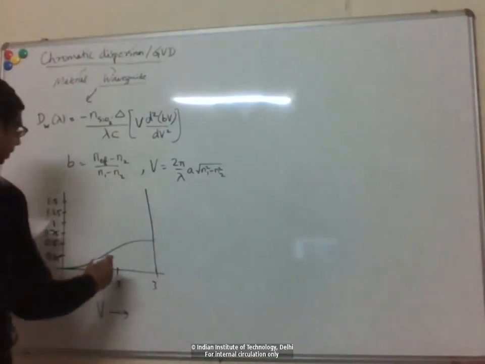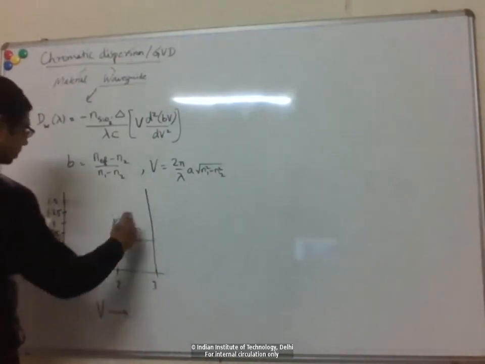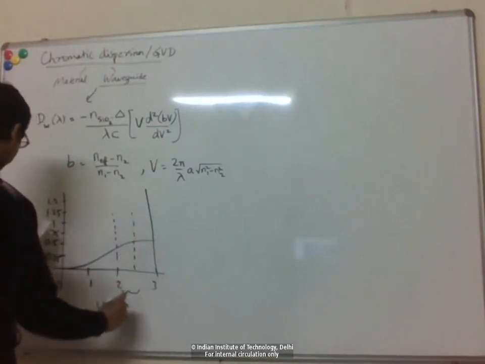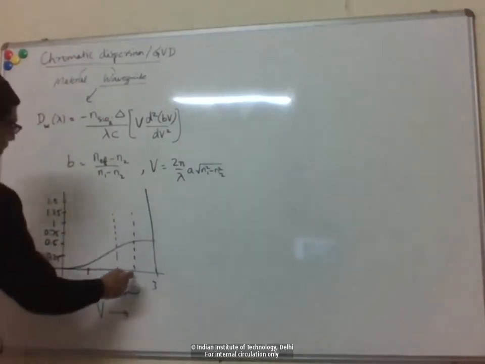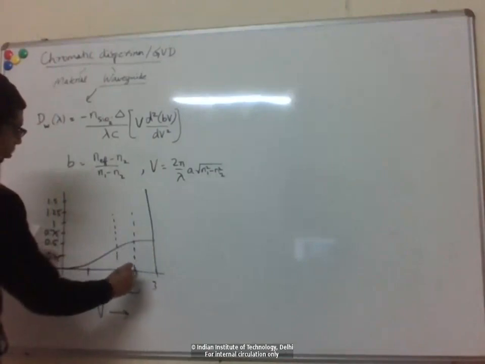So again, recall that the region of interest for us for communication systems is basically this region between 2 and 2.4 or 2 and 2.5, right? So 2.4 is the single mode cutoff, right? Beyond which, if you plot for the next higher order mode LP11, that will start from 2.4 here.